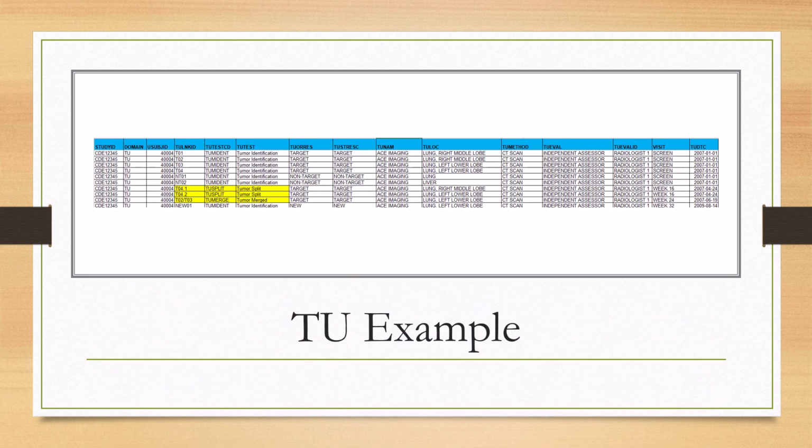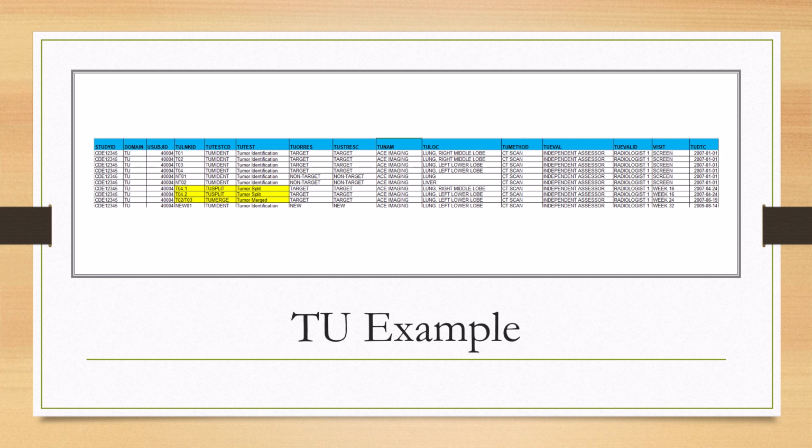Now let's see one of the TU example datasets. In the shown dataset, please note that the first 4 records are for a single subject, and these are the records where radiologist 1 has identified 4 target tumors in the lung of the subject.